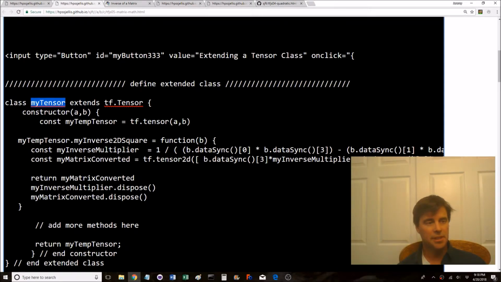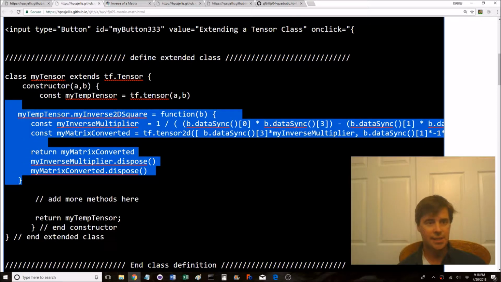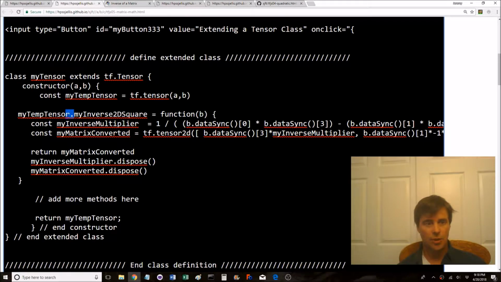So we've got a constructor, and the constructor starts right there and finishes right here, and the class finishes there. So this is an entire function with a dot naming scheme, myInverse2D. It's an inline function, and then it does the math, and this is all just dataSync, so it's slow. It's the math that you saw in those images of how to do an inverse.